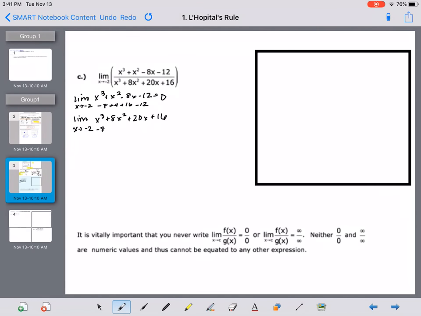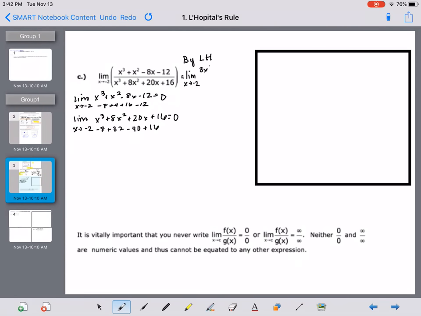So again, negative 8, that would give me positive 32 minus 40 plus 16. And that, of course, results in 0, which means by L'Hopital's rule, I can actually take the limit as x approaches negative 2 of the derivative.